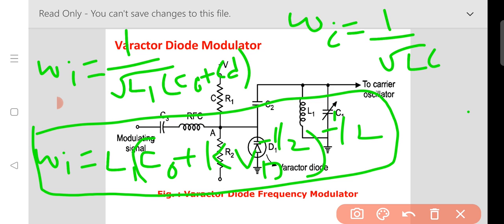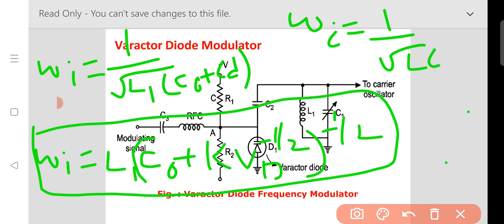By expanding this equation, we get L1 into K power 1 by 2 into VD power 1 by 4 like this. That analysis is another factor.